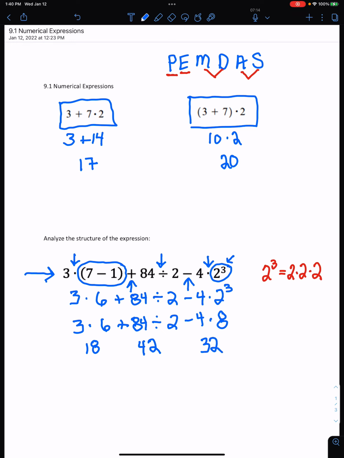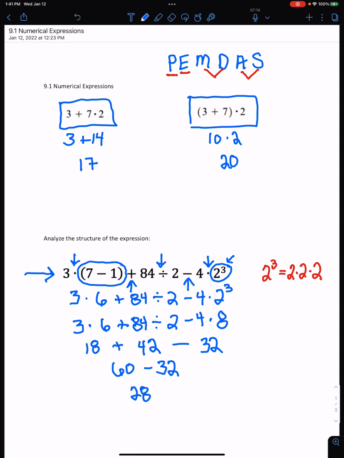And now I can put my addition and subtraction signs in there. And then finally do my addition and subtraction. So 18 plus 42 is 60. Minus 32. And 60 minus 32 is 28 is my final answer.